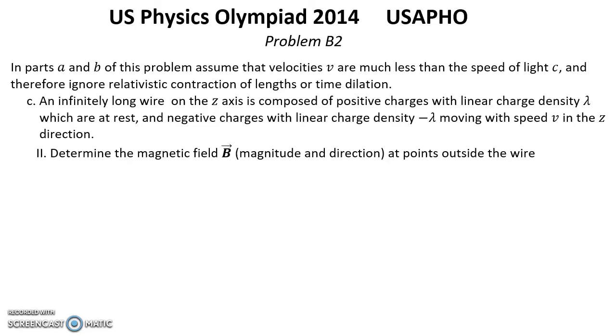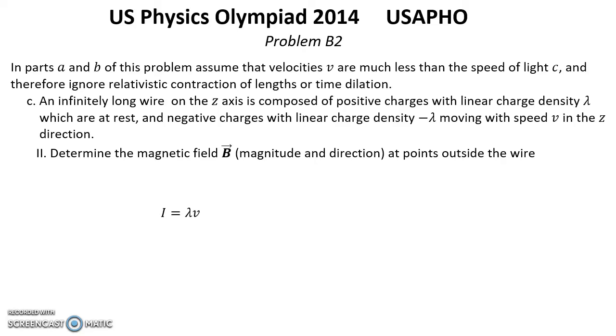Question 2. Determine the magnetic field B at points outside the wire. Solution. The current in the wire is I equals lambda v.